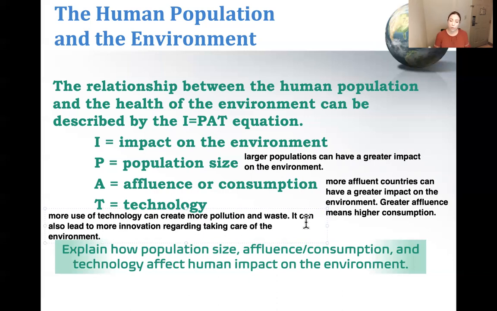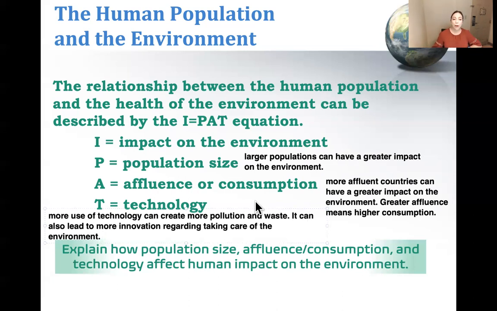Now, what I will most likely do for your quiz is give you a type of scenario, and you will have to apply the IPAT equation to the scenario to give me a general idea of what the country's impact would be on the environment. So even though it's a complicated relationship, you need to be able to explain how these factors might work together.